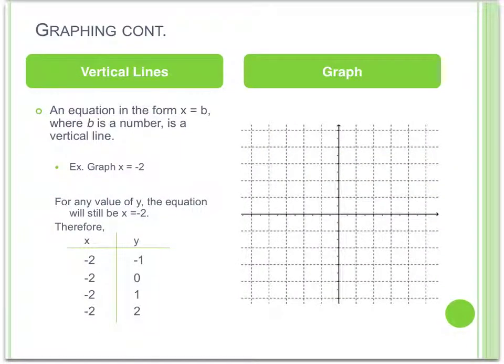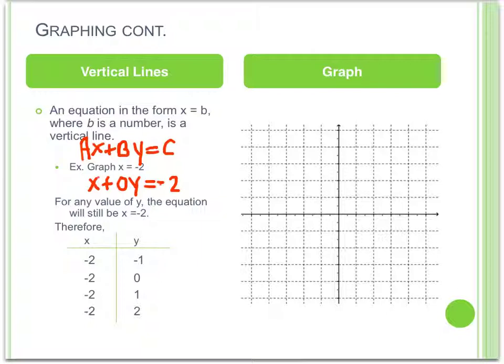Now, instead of horizontal lines, we are going to graph vertical lines. Remember that ax plus by equals c is still the form to use. If we're given x equals negative 2, we can also write that equation as x plus 0y equals negative 2.